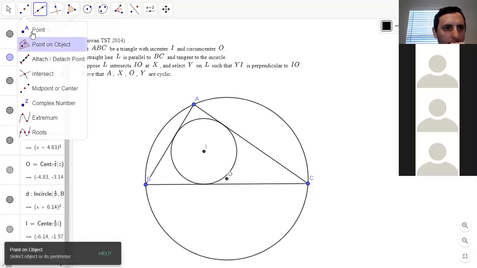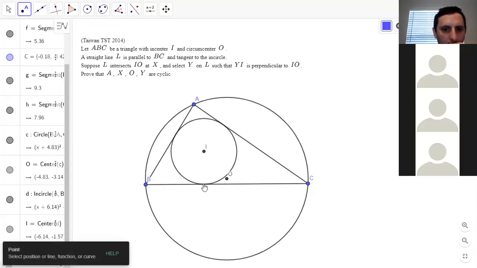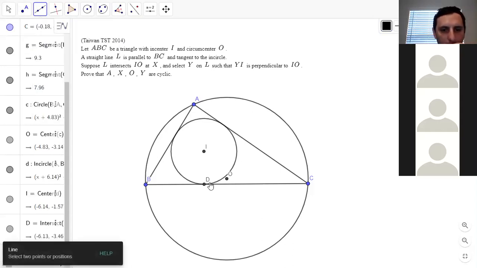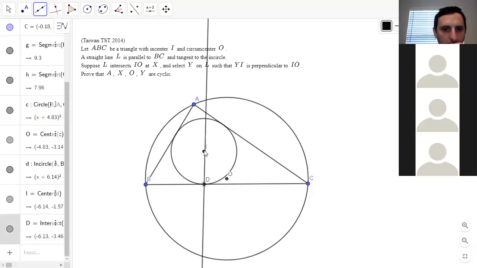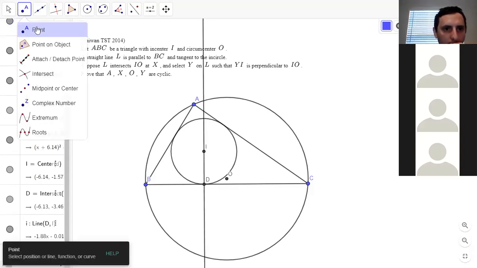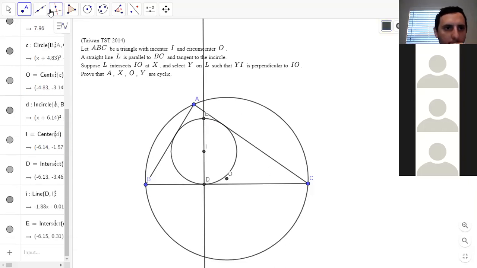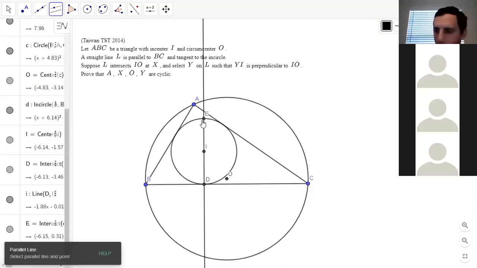So basically this line intersects IO at X. Let's see.